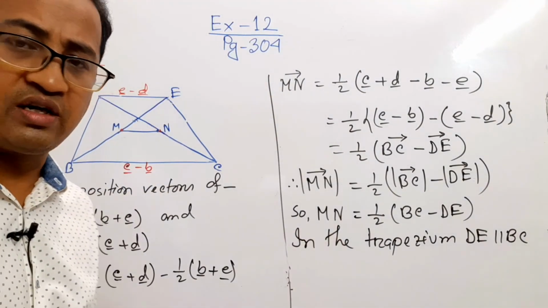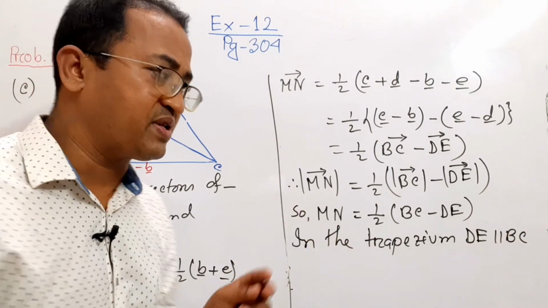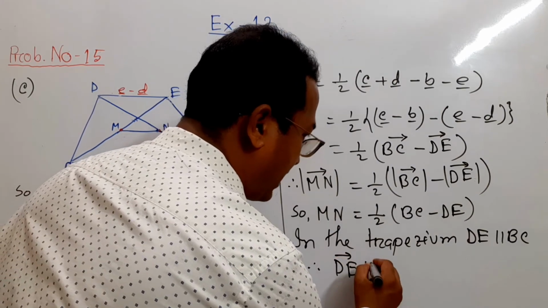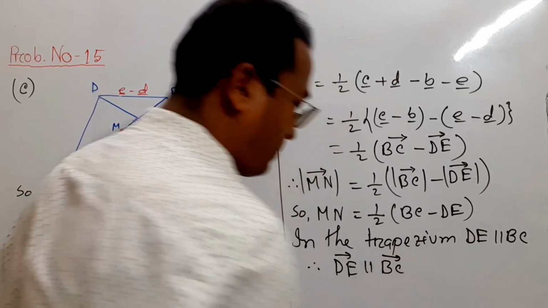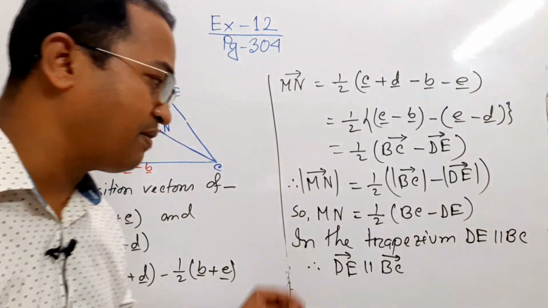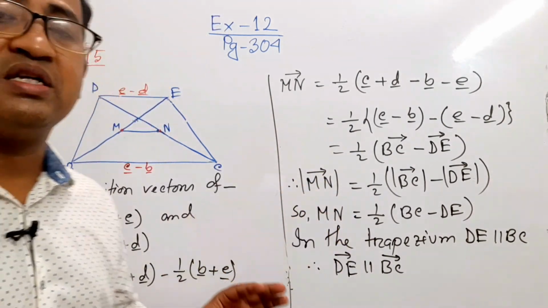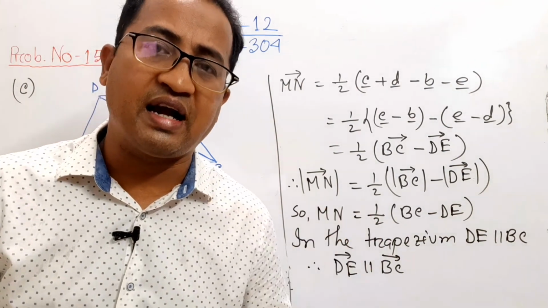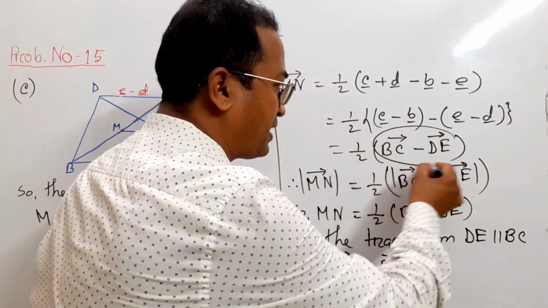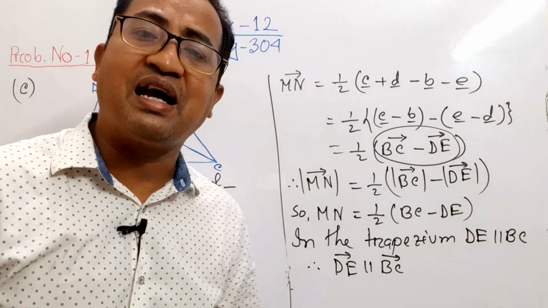It is given in the question that DE is parallel to BC because DBCE is a trapezium. So we can say vector DE is parallel to vector BC. If vector DE is parallel to vector BC, the sum or the difference of the vectors DE and BC is also parallel to DE and BC.